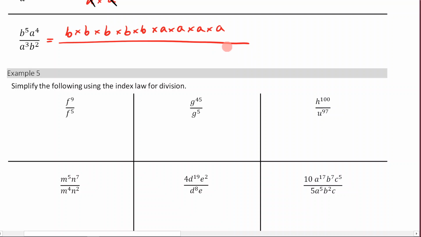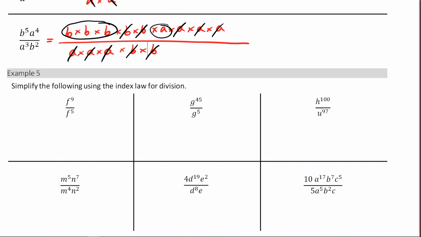Then on the bottom, I have 3 a's, and I also have 2 b's, times b times b. Now I cancel out what's common in the top and the bottom. So 3 a's here, 3 a's there. Then I have 2 b's, 2 b's. Okay, what do I have left? I have 3 b's and 1 a.